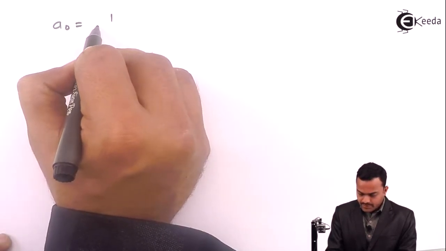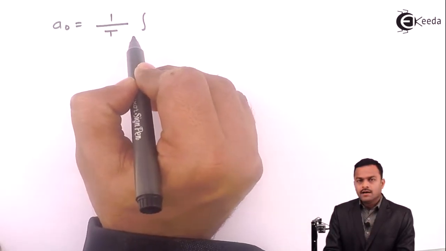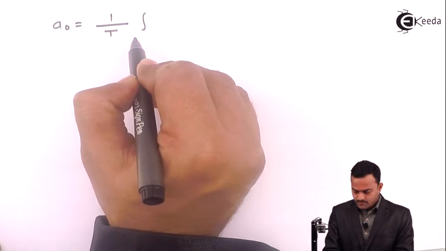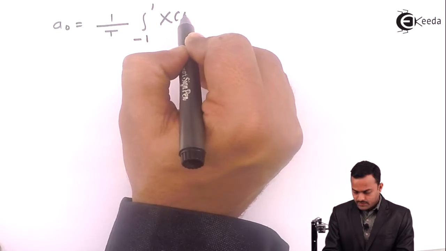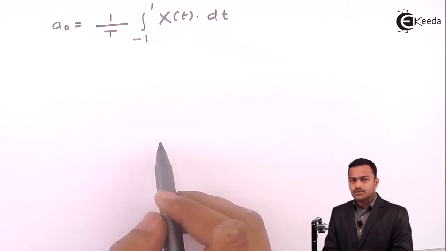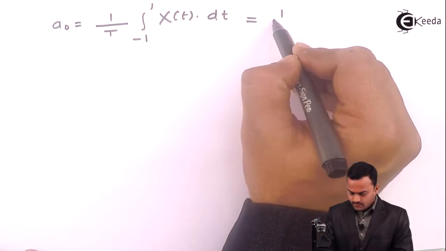1 upon time period, and over here it exists from minus 1 to 1 x of t dt, and we know time period is 2, so straight away I can substitute T equal to 2. So this is nothing but 1 by 2.